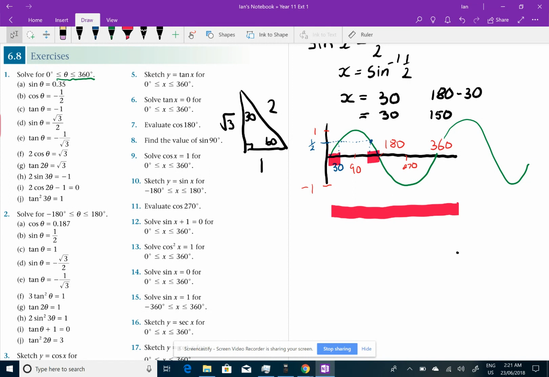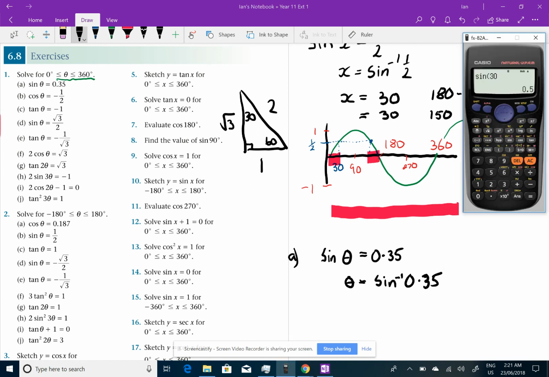Let's go to the first one, A, and we've got sine theta equals 0.35. Well, the first thing I have to do is work out what the acute angle is. So I'm just going to go inverse sine and use my calculator.